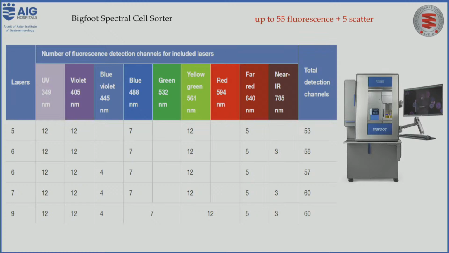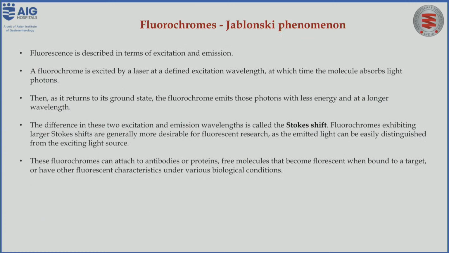Here we can use up to 55 fluorescence markers and 5 scatter parameters using the Bigfoot spectral cell sorter, recently launched by Thermo Fisher. And in the market, more than 10 flow cytometers are available, where we can analyze using different fluorochrome parameters.